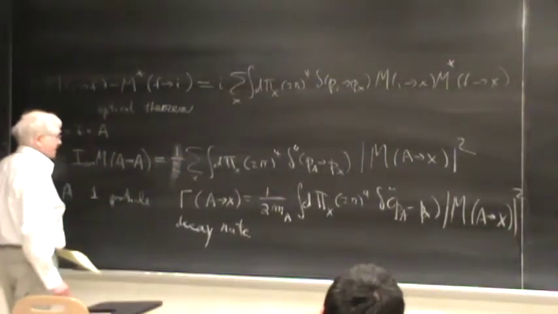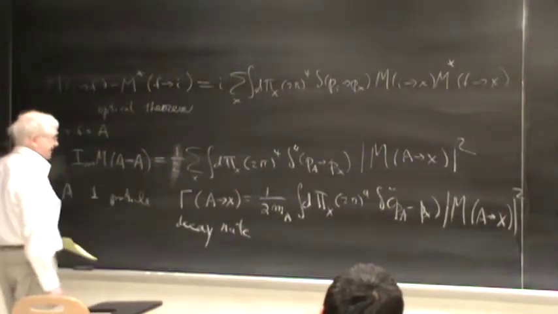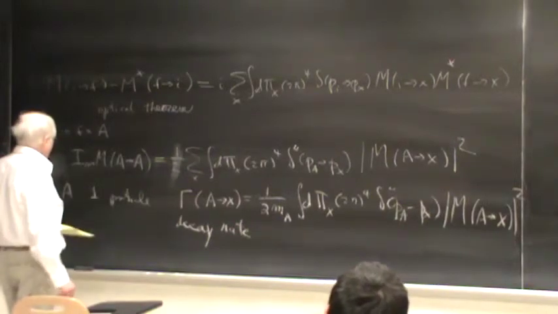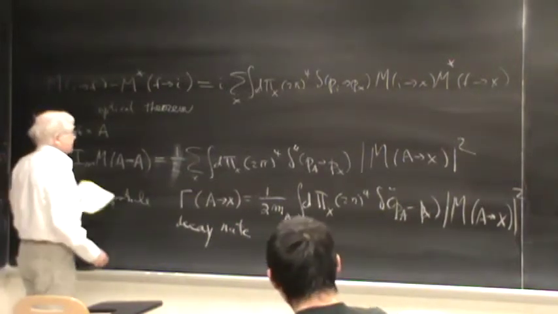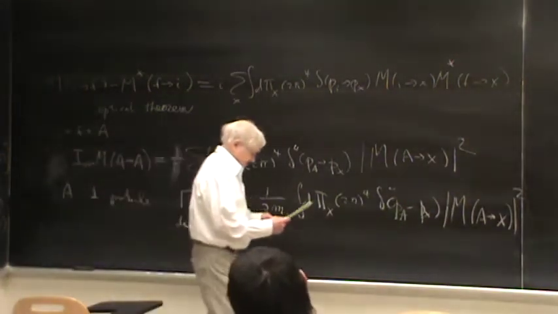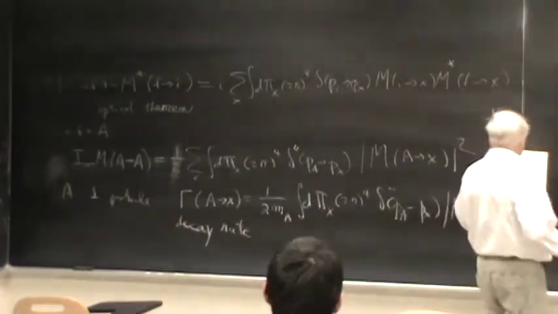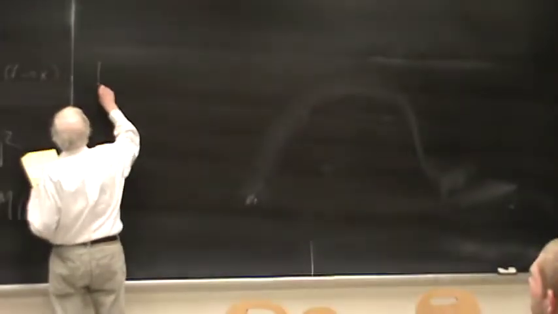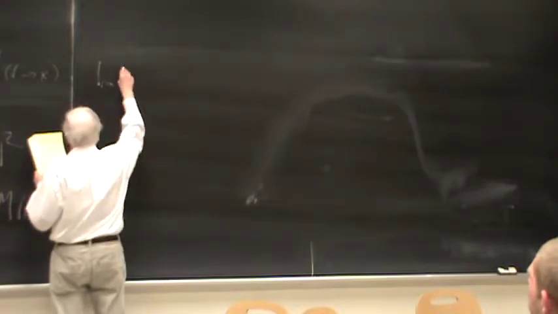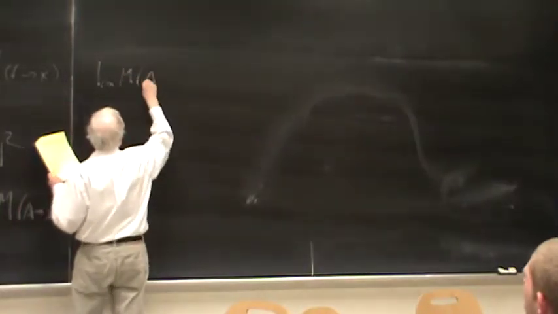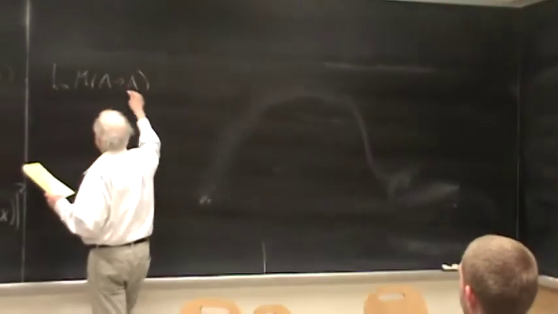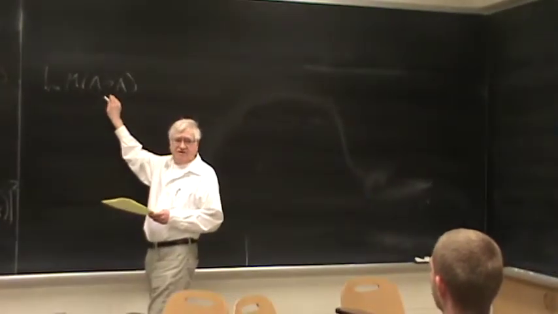And so what do we have? On the right-hand side, we've got essentially the decay rate. On the left-hand side, we've got an imaginary part of this amplitude, A goes to A. So the imaginary part of M(A → A), this is just kind of like the propagator, isn't it?